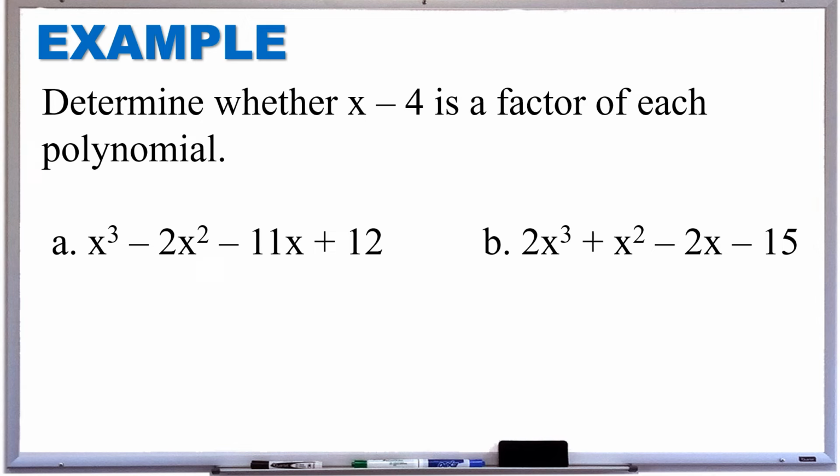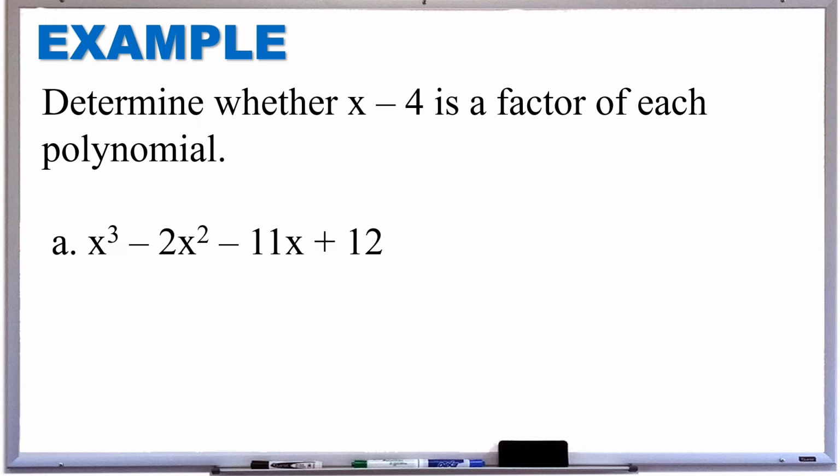Let us try an example applying the factor theorem. Determine whether x minus 4 is a factor of each polynomial. We have two examples here, but we are going to solve letter A first.